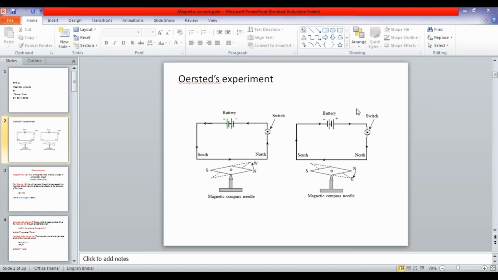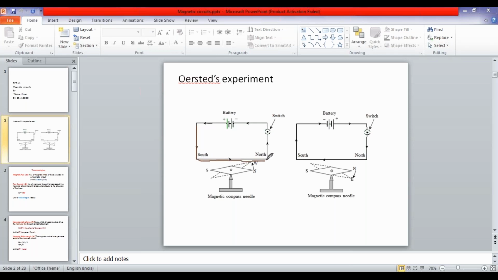Now, what Oersted did is that he simply took a compass and placed it below a current carrying conductor.